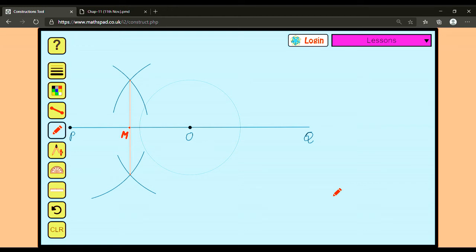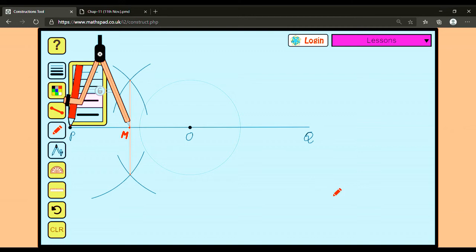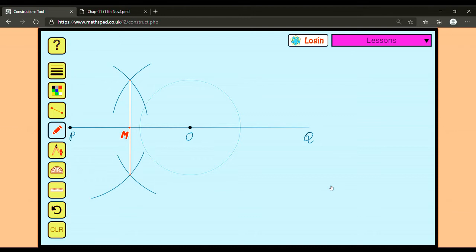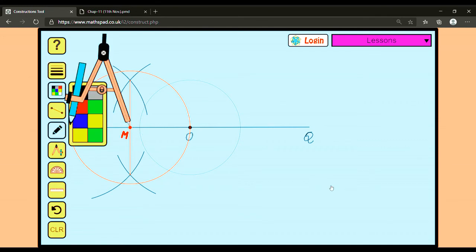With M as center and radius MO or MP, we will draw a circle. This circle intersects our original circle at 2 points. Let's name those points.